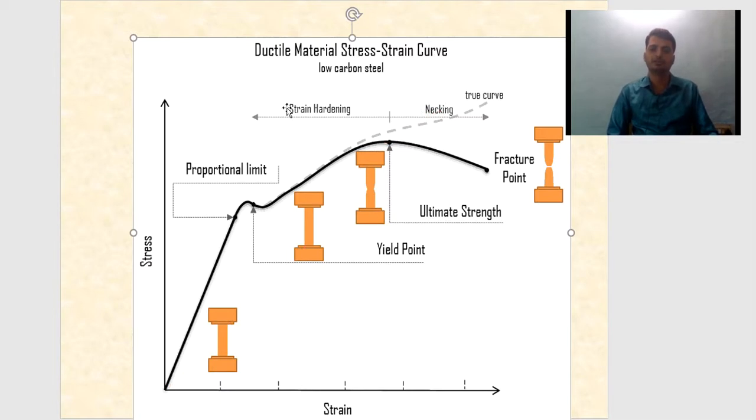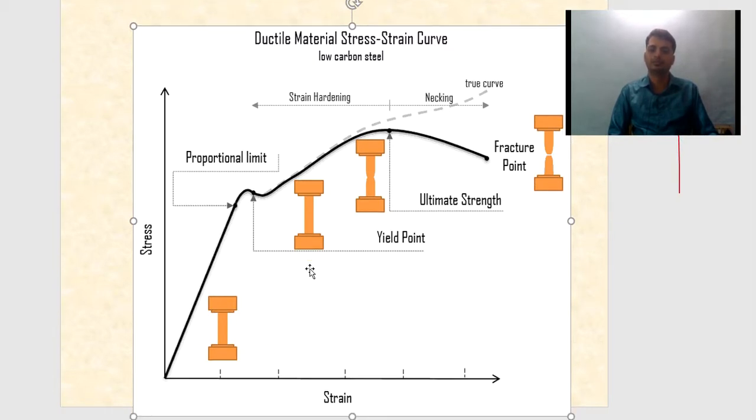So let me discuss this ductile material stress strain curve. The stress strain curve has many variations. If you want to understand this property of a material, the tensile test is to be conducted. First we place the material in the machine.